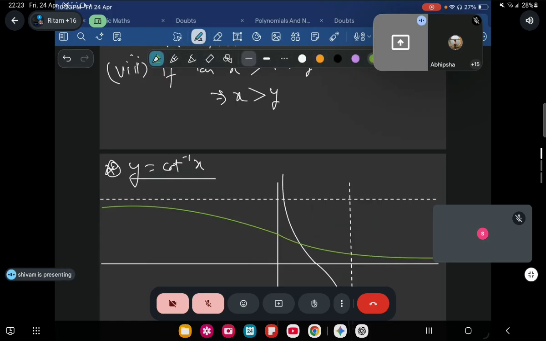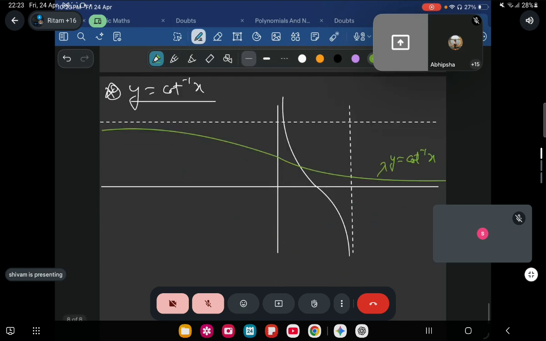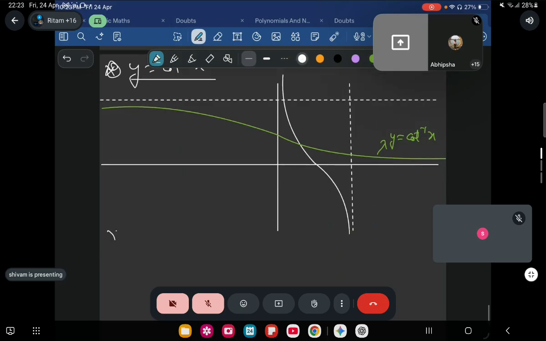This is the graph of cot inverse x, the green one. Next, cot inverse x. There are some conclusions we can draw.